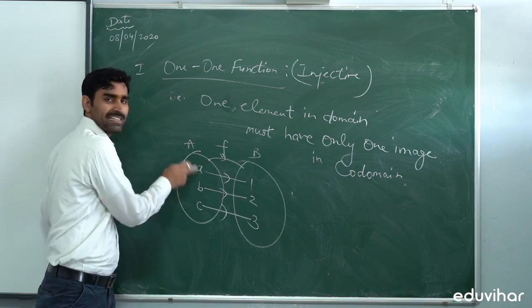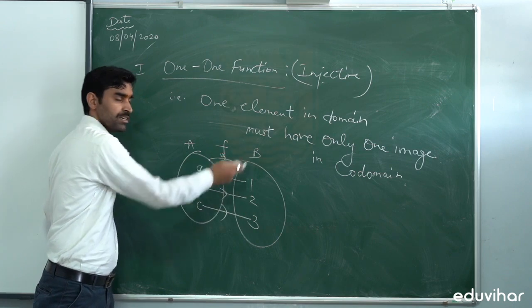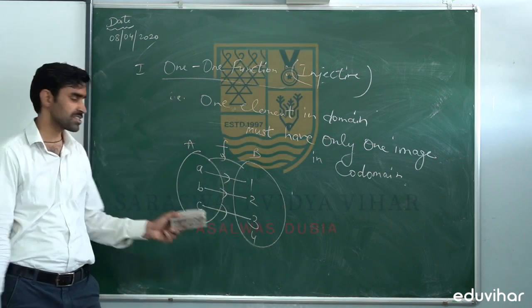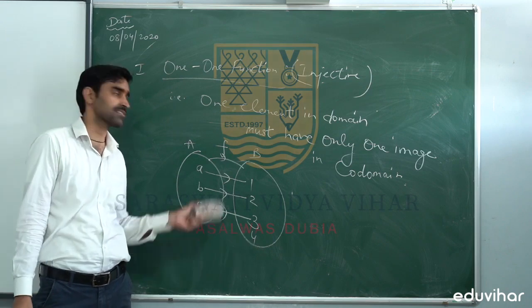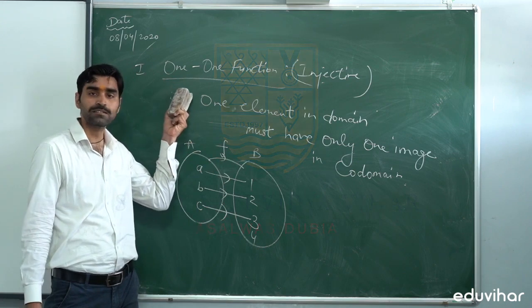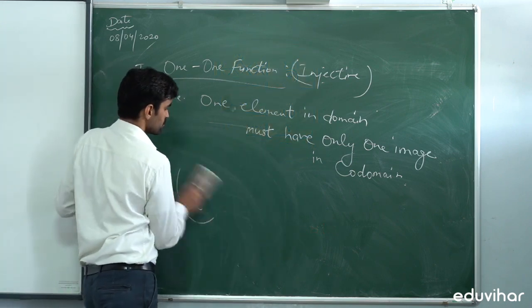Every element of set A, that is the domain, has a unique image in codomain B. Also, there can exist some other element which does not have any pre-image. This is also a 1 1 function.